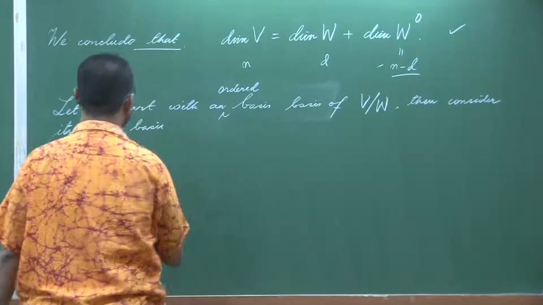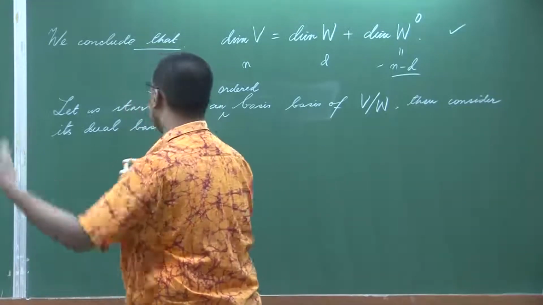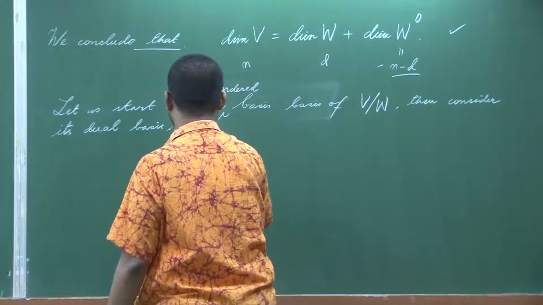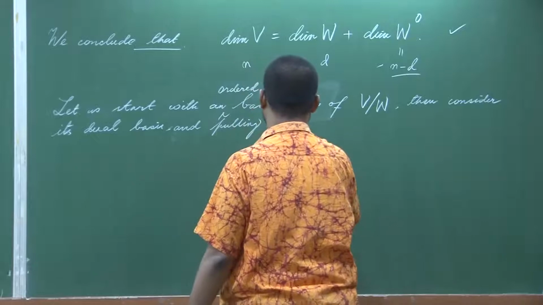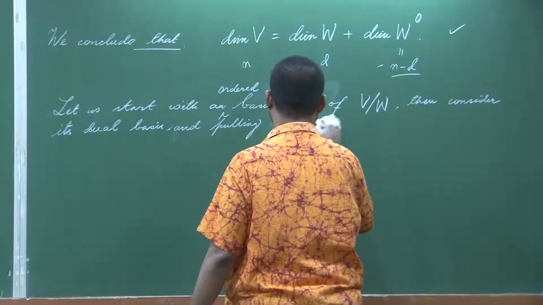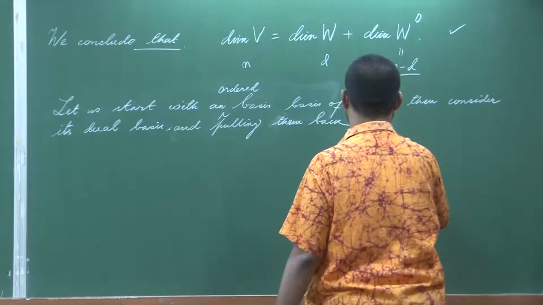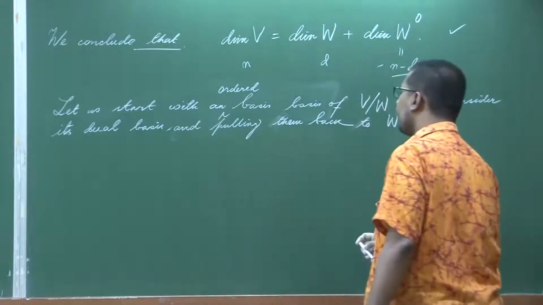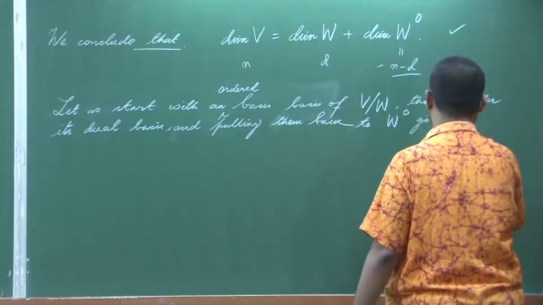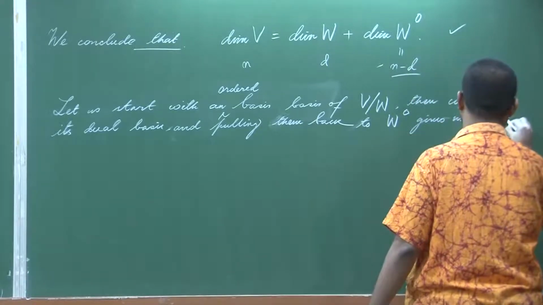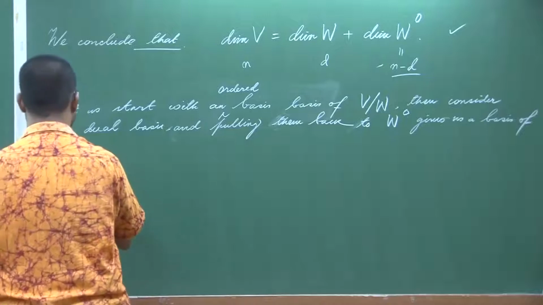and pulling them back onto W naught gives us a basis of W naught.